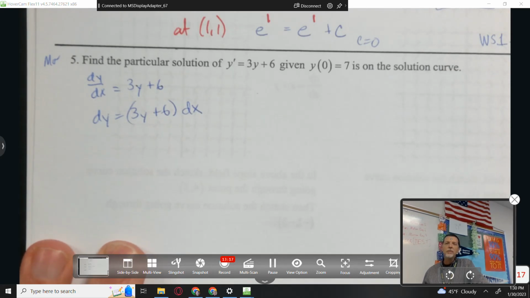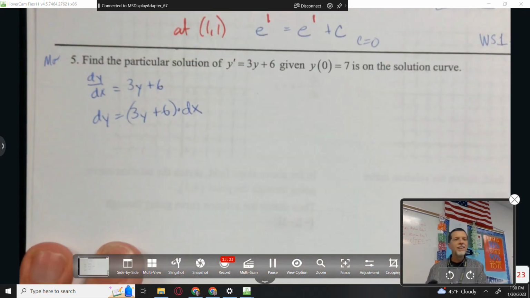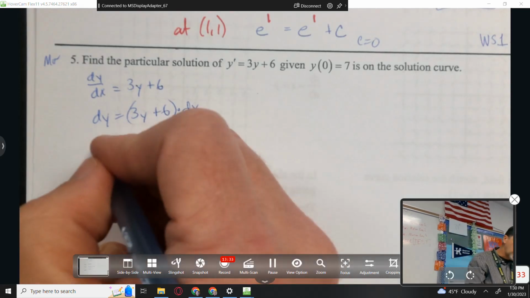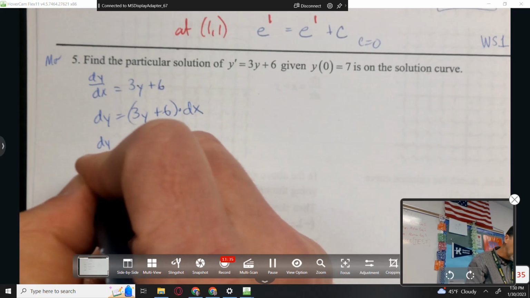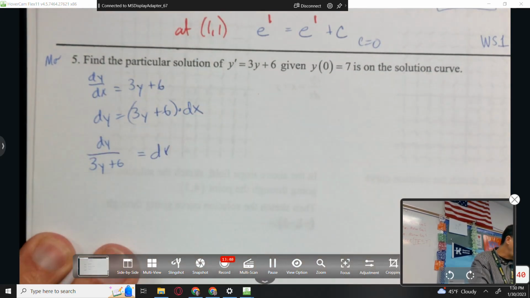Any idea on what we do next to get all the y stuff by itself? We've got 3y plus 6 times the x. So how do I undo multiplication? Divide. So let's do dy over 3y plus 6 equals dx.